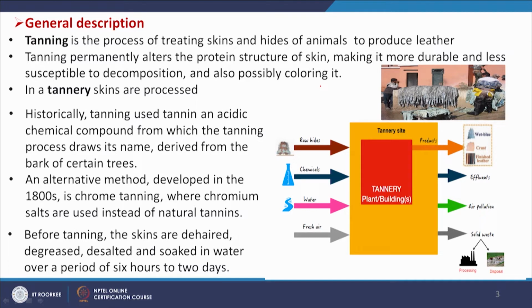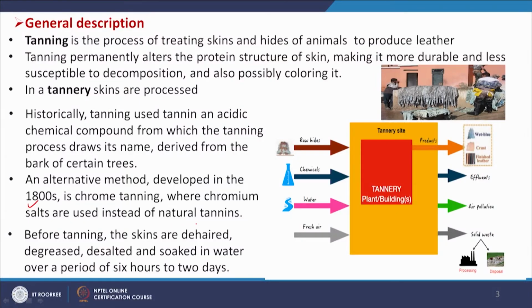But in the 1800s chrome tanning was used and the natural tanning process was replaced, okay, where the chromium salts are used instead of natural tannins.